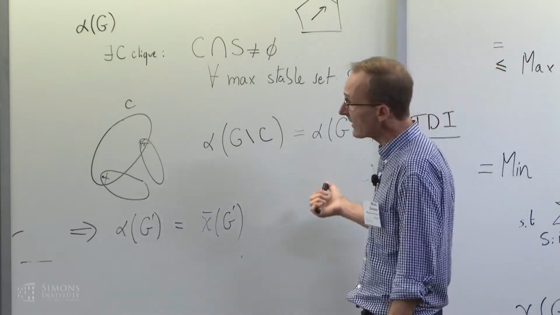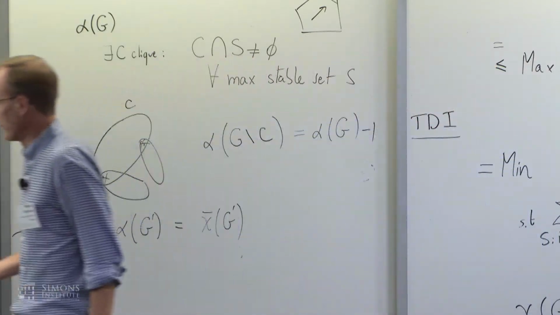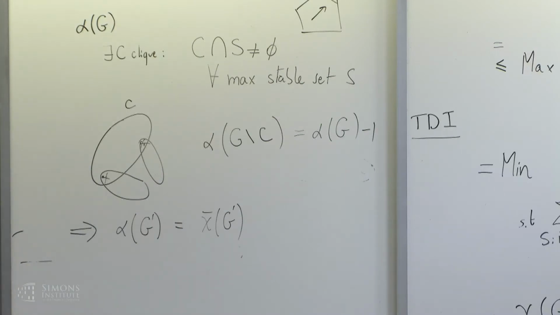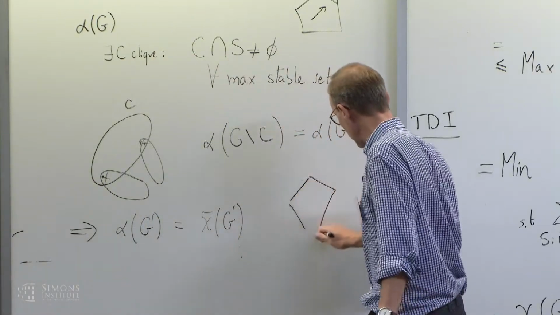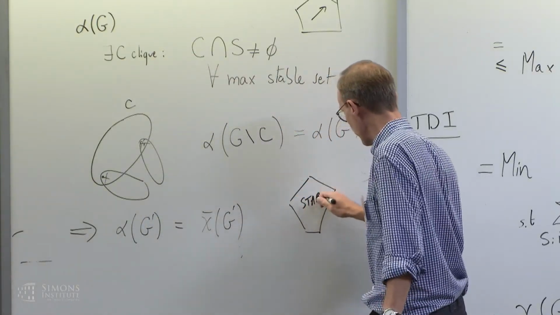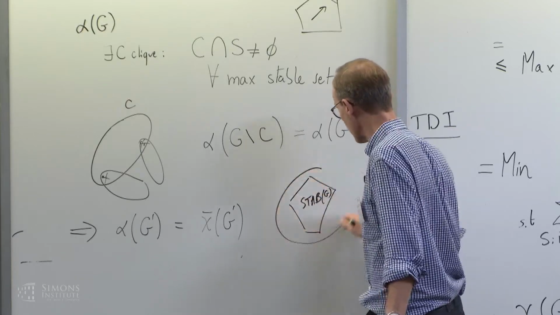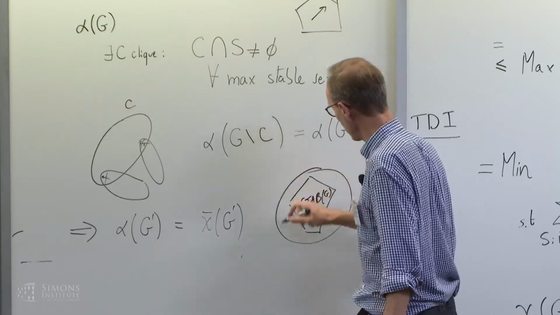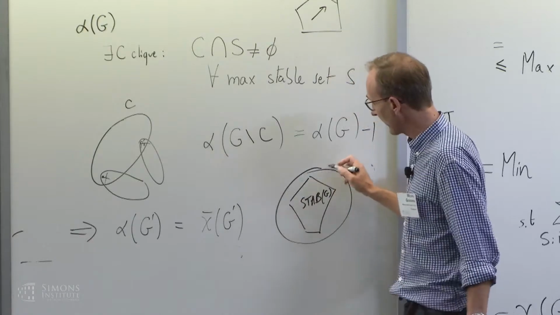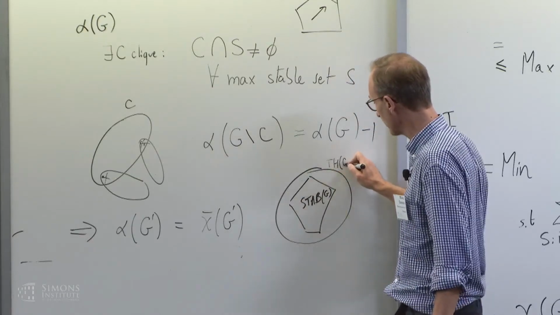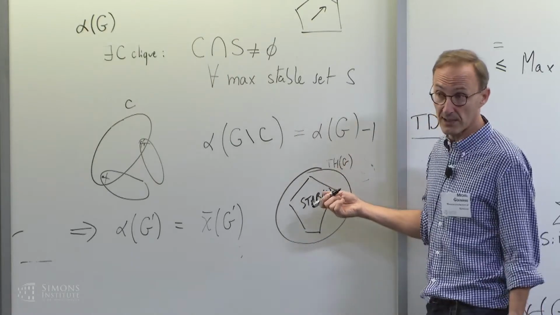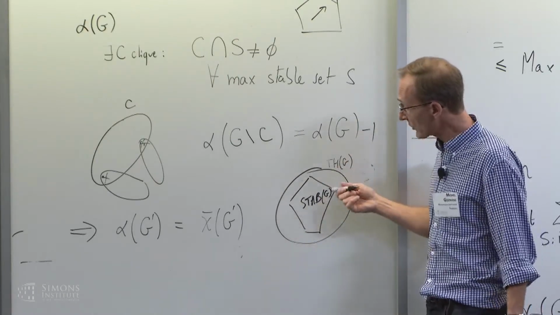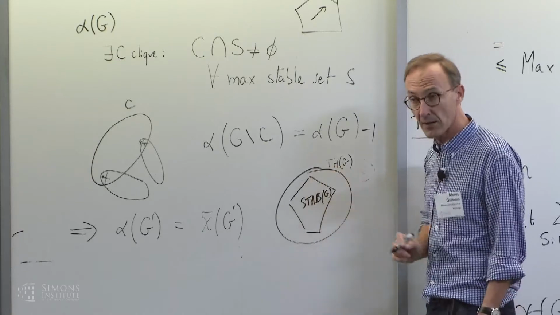But it would be very nice to be able to decide in polynomial time if a graph is perfect based on the theta body. So you know that stab of G is equal to the theta body if and only if the graph is perfect. And so it would be nice to have a polynomial time recognition algorithm for perfect graphs based on these facts.